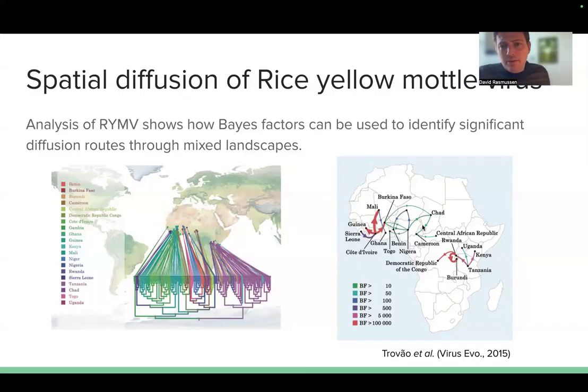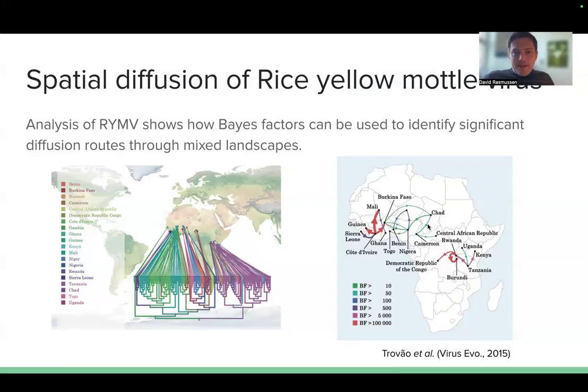And then they were able to reconstruct these movement networks between different locations, where here, again, they're quantifying how much movement there is between different locations based on Bayes factors. So arrows connecting locations with high Bayes factors means the data is strongly supporting that there is a non-zero movement rate between these two locations.